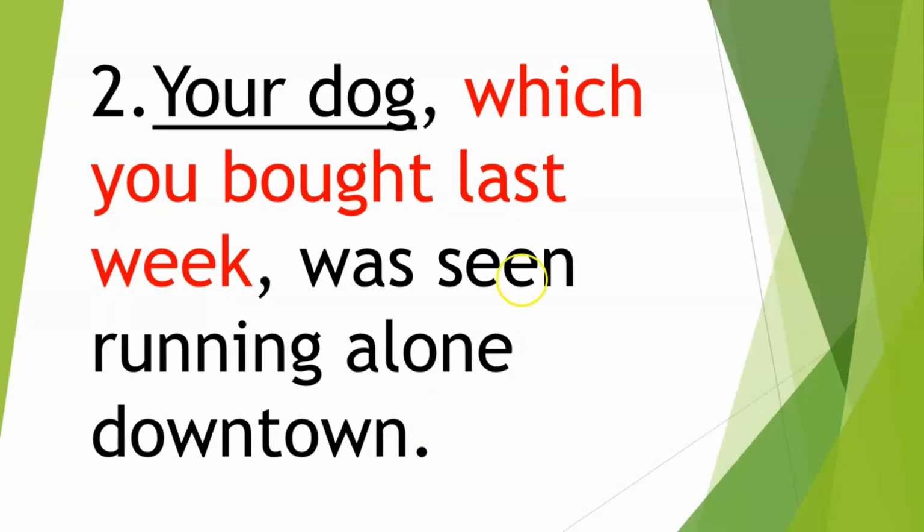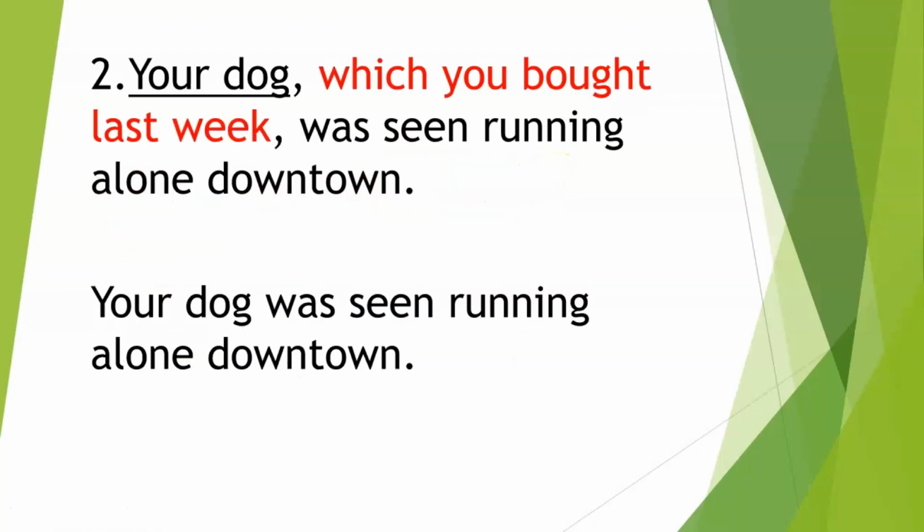Your dog is an animal, so the clause will begin with which. We can say your dog, which you bought last week, was seen running alone downtown, or we can just say your dog was seen running alone downtown. We do not need this information to know who the dog is.